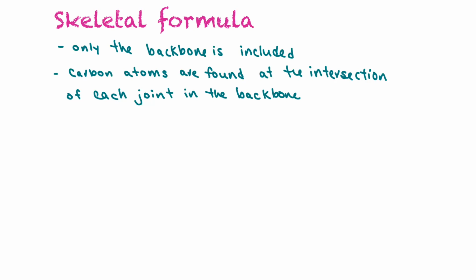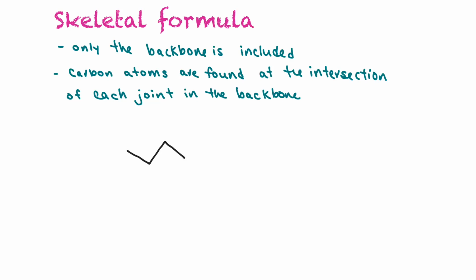The skeletal formula is even lazier than the condensed molecular formula. This time only the backbone is included, and we don't even write the carbons, we just draw a series of lines. The carbon atoms are found at the intersection of each joint in the backbone. If we were to draw butane, it would be this.